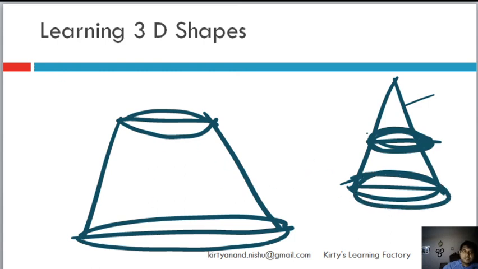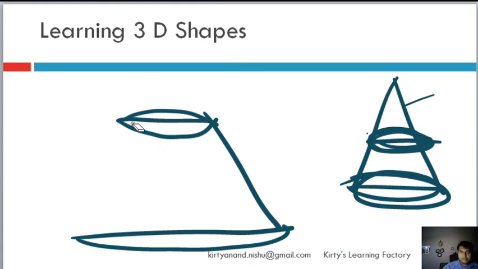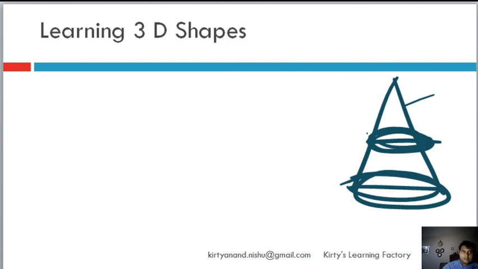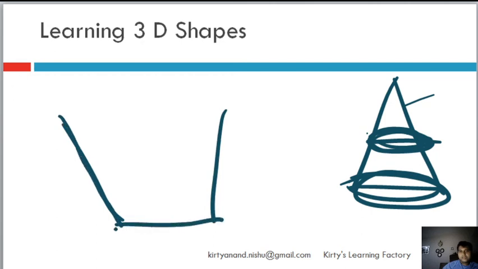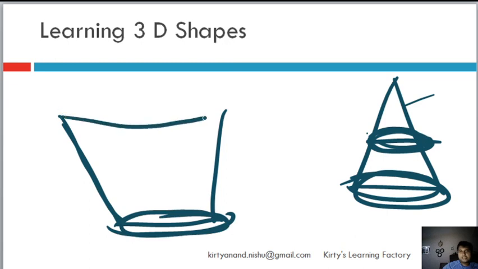So a frustum is nothing but your balti, which is inverted. Have you seen your balti or bucket in the bathroom? How does a typical bucket look? Or a flower vase. There is a circular bottom, which is a smaller circle, and then there is a larger one on top.